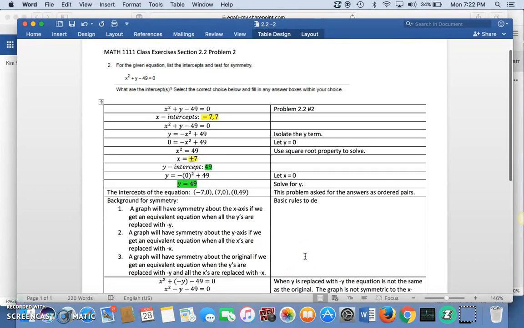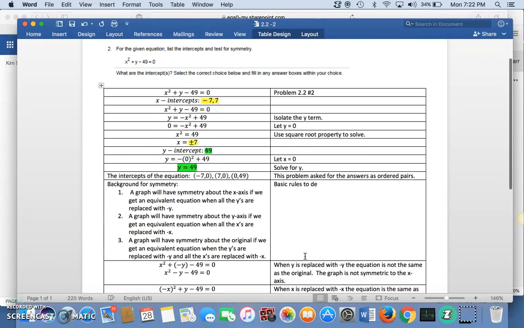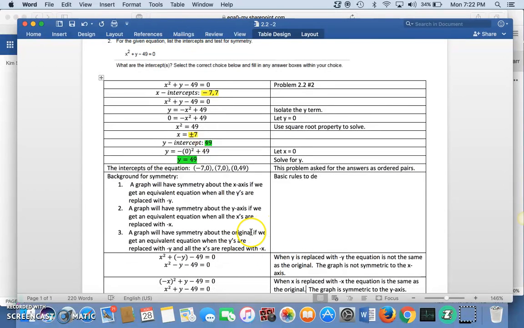And for symmetry about the origin, if we get an equivalent equation when all the y's are replaced with negative y and all the x's are replaced with negative x. So those are your three symmetries, x-axis, y-axis, and origin.